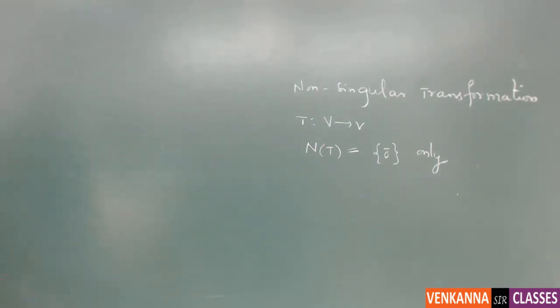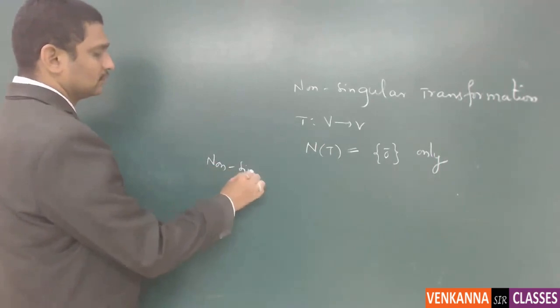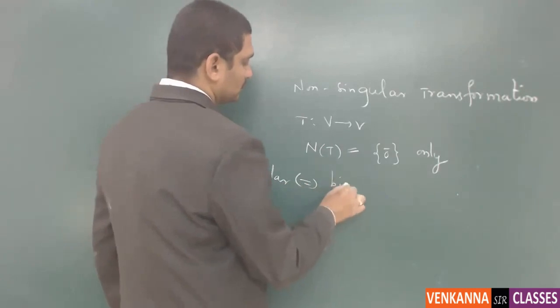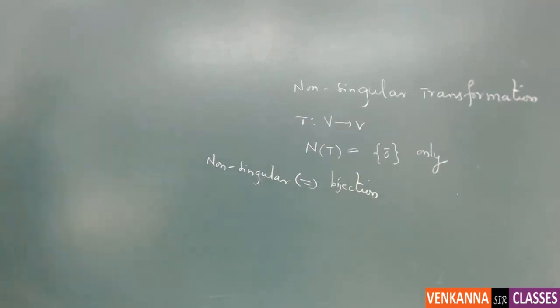Because we have a definition that the transformation is called invertible if it is a bijection. In other words, the relation between non-singular transformation and bijection is: T is a non-singular transformation if and only if it is a bijection.